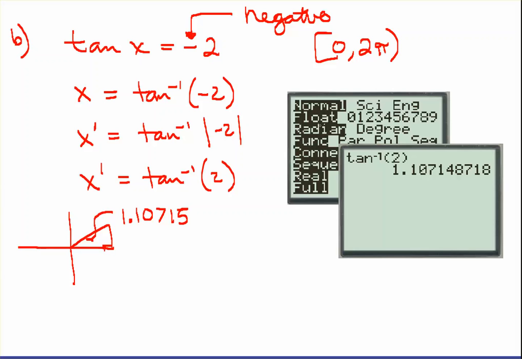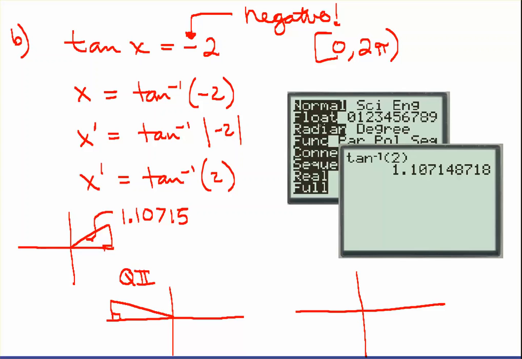Three, that's when the tangent's positive, because you got a negative over a negative. Quadrant 2, yep, you got it. So let's look at quadrant 2, and then also quadrant 4. So those two quadrants. So real quick here, if my reference angle is 1.10715, what's my angle?